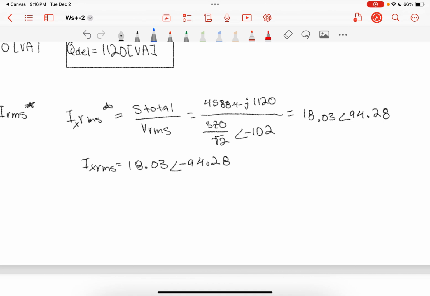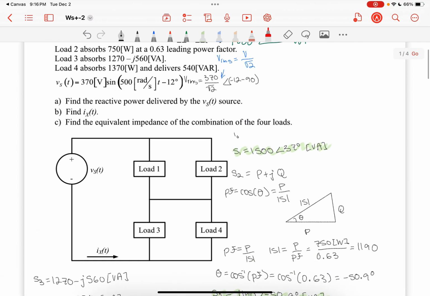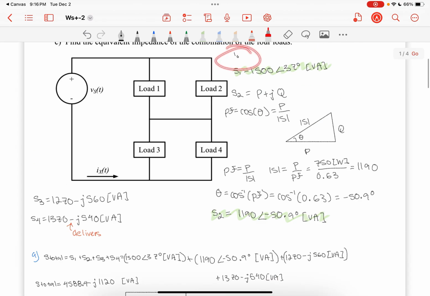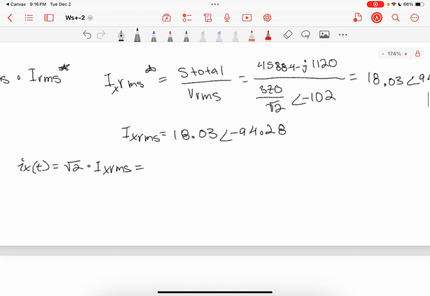Now to convert IXRMS to the time domain, we can use this same equation. Ix of t is equal to the square root of 2 times IXRMS. So it's going to be the square root of 2 times 18.03, angle negative 94.28 degrees.